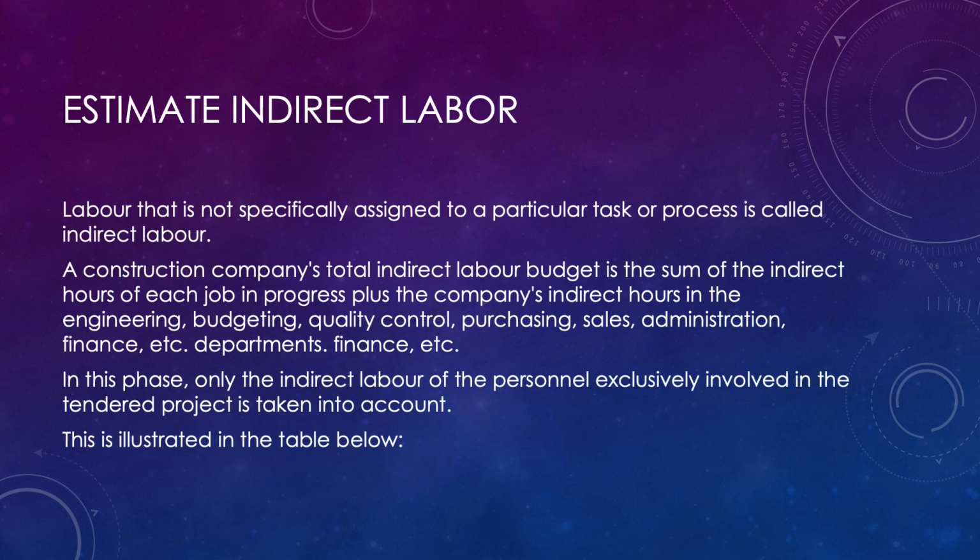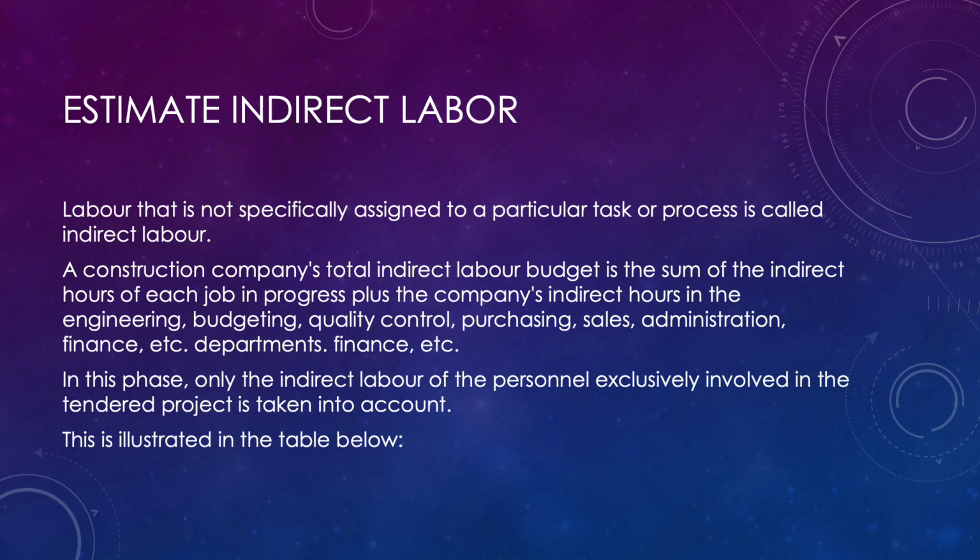Estimate indirect labor. Labor that is not specifically assigned to a particular task or process is called indirect labor. A construction company's total indirect labor budget is the sum of the indirect hours of each job in progress, plus the company's indirect hours in the engineering, budgeting, quality control, purchasing, sales, administration, finance, etc. departments.